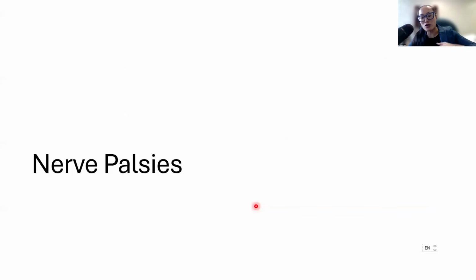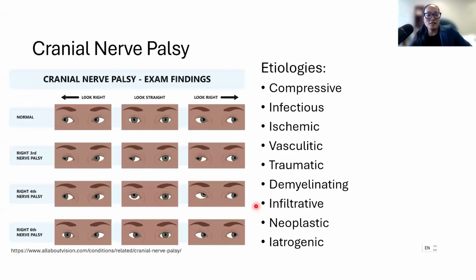Now, we've talked about the nerves. What happens when there's a nerve palsy? If there's a lesion somewhere in the nerve that's causing a problem, how does that present clinically? The things you need to ask about are to screen for all of these possible etiologies.